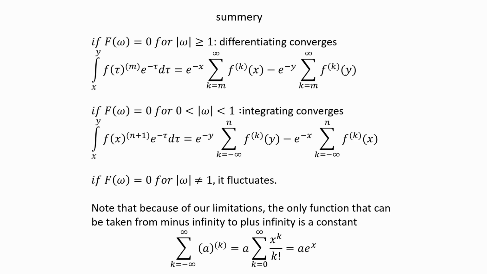So here we have a summary of what we've actually discovered. And perhaps the most interesting thing is that due to our limitations in whether a function will converge or diverge if we take every sum of the derivative or primitive, we actually find that there's only one function for which you can integrate it and differentiate it in an infinite amount of times, namely the constant, because for the constant it is convergent for differentiating as well as for integrating.